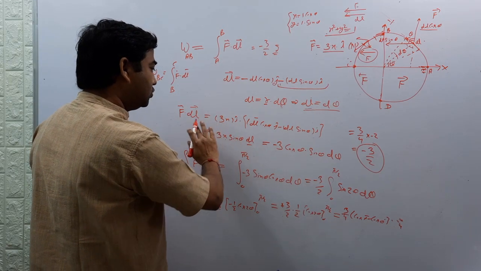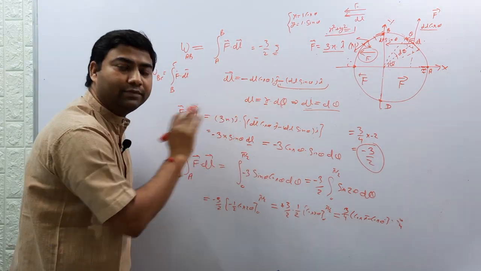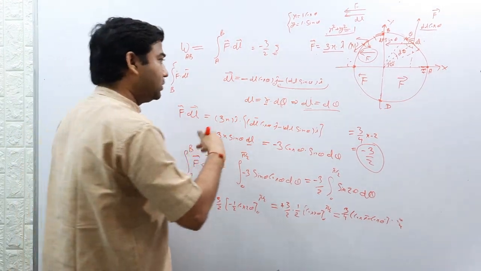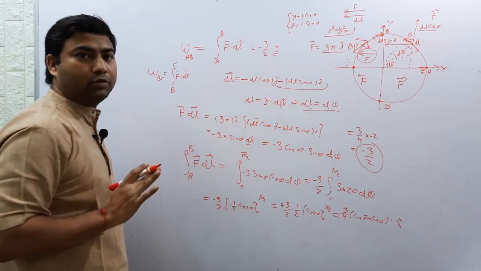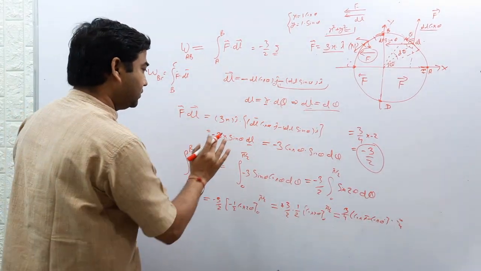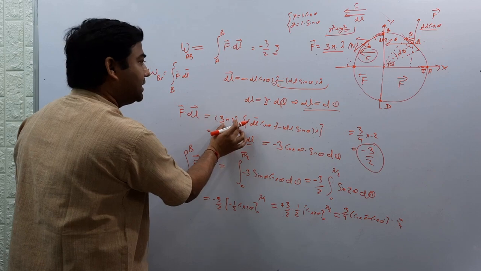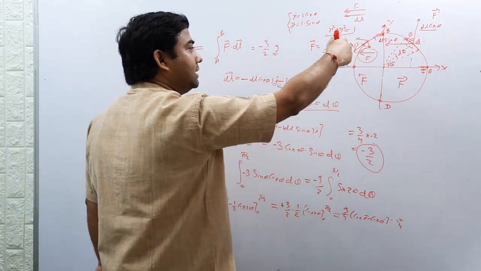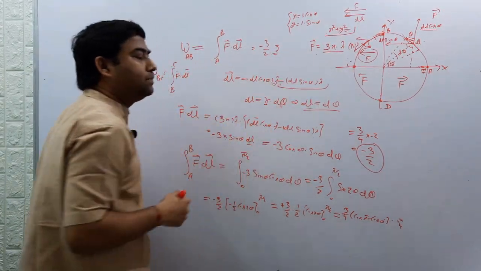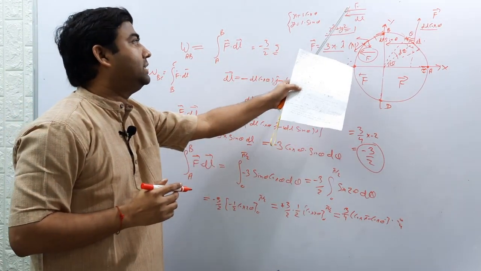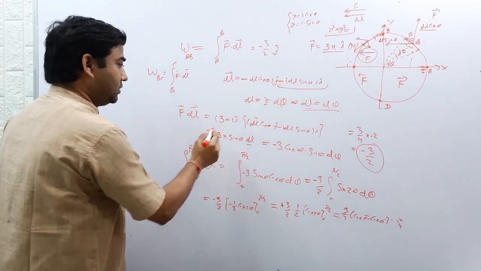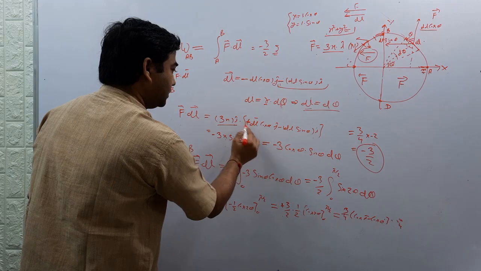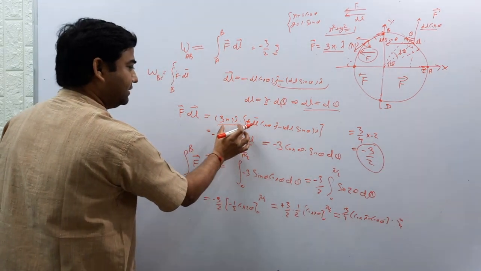For x, you need not put x as negative, because the limit will take care of that. x is a general expression, but we know x is negative, hence we have just interpreted why this dot product will be positive: F and dl are both in negative direction. So this will remain the same. That other component will also be 0.